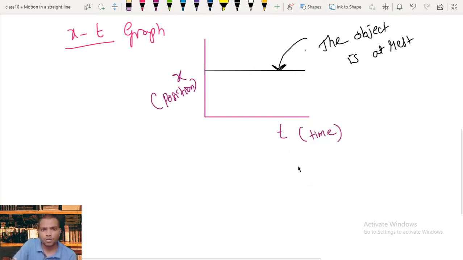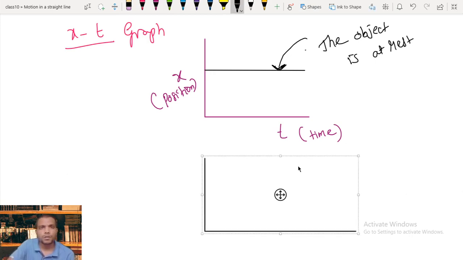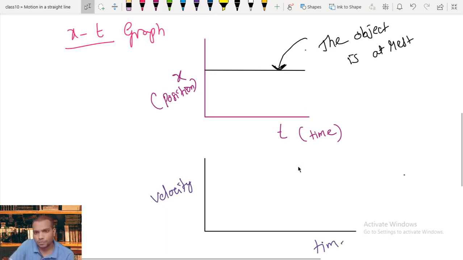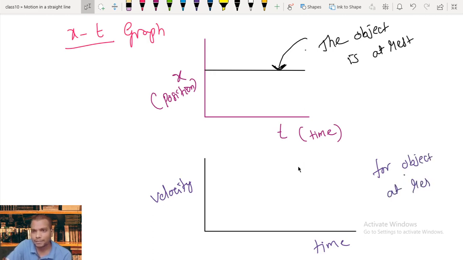I would like to draw the velocity time graph for this one, with velocity and time as the axes: the velocity time graph for an object at rest.